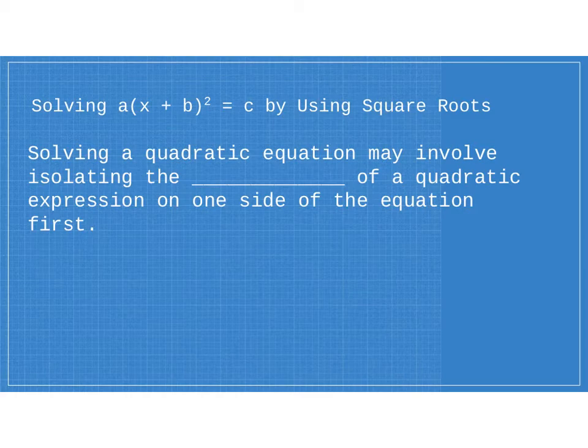Alright, so solving ax plus b squared equals c. On this one we talked about how it is best to solve this when there is no bx. Notice that here we have just a squared term. So this is essentially one big x, ax squared is what we're going to do there.